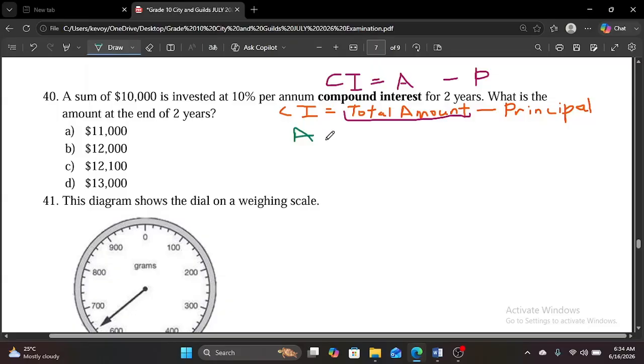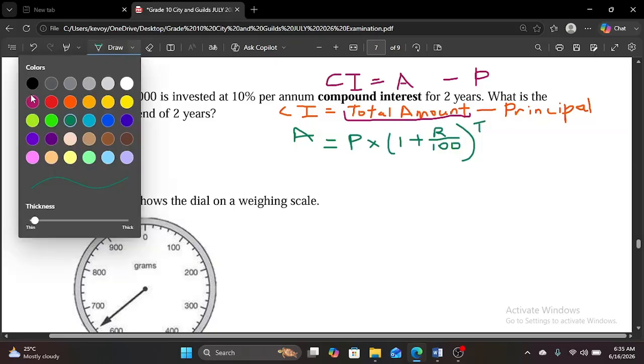A is equal to principal times, in brackets, 1 plus rate over 100, raised to the power of T. So it's going to look just like this.